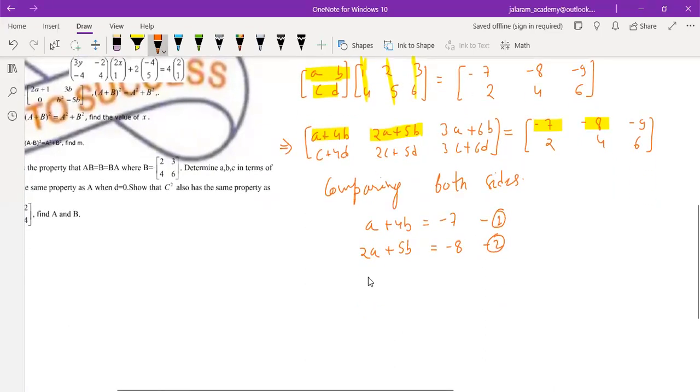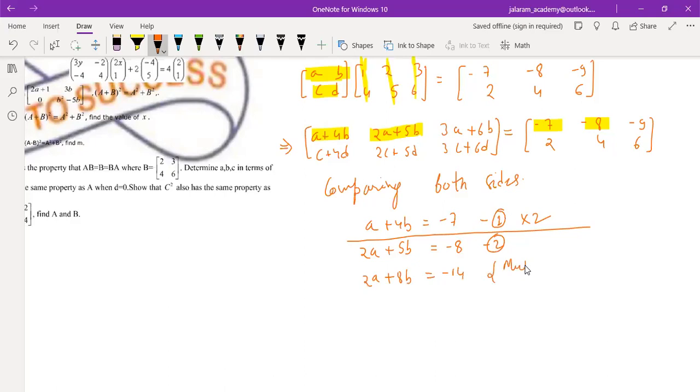Now how to solve it? Multiply equation number 1 by 2 and then subtract from equation number 2. So 2a plus 8b equals -14. We write the reason: multiplying equation 1 by 2 and subtracting from equation 2.